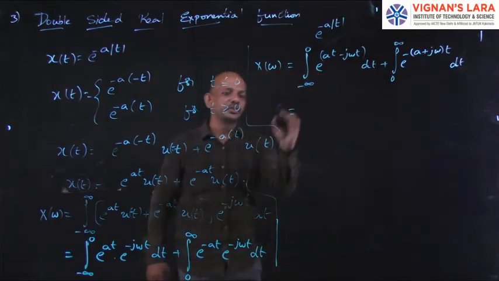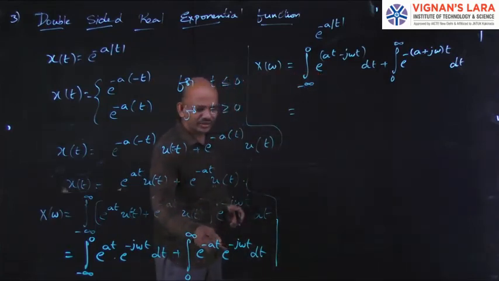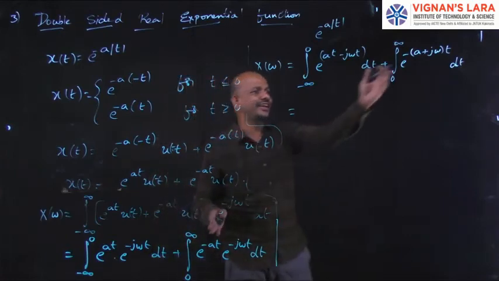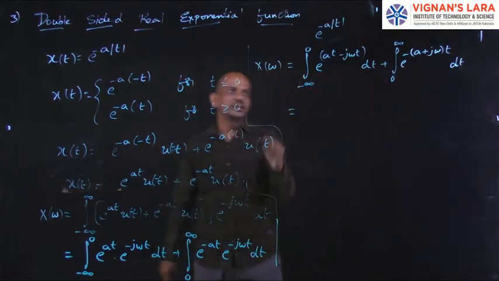So here I took minus as common, a minus j omega into t, and minus t as common.